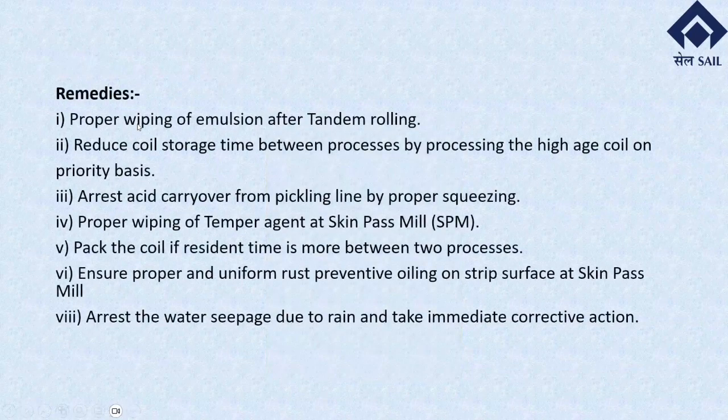Now the remedies which we have already taken: we are now doing proper wiping of emulsion at the tandem mill. Also, we have tried to reduce coil storage time between different processes, and we are also checking for roof leakages in different sections of CRM3 before every rainy season, and they are being rectified.